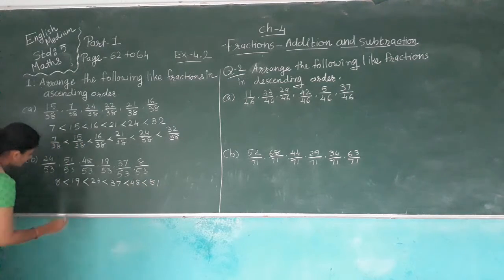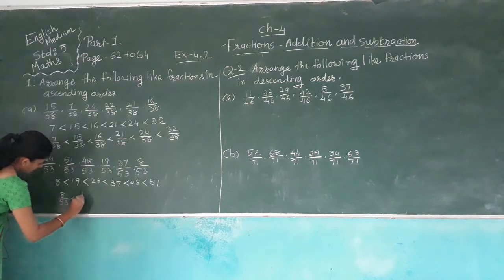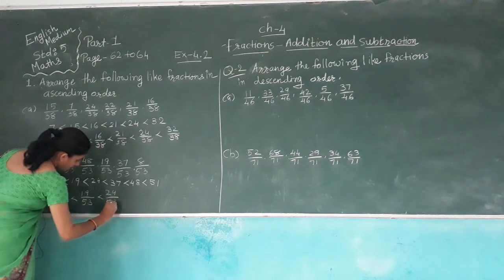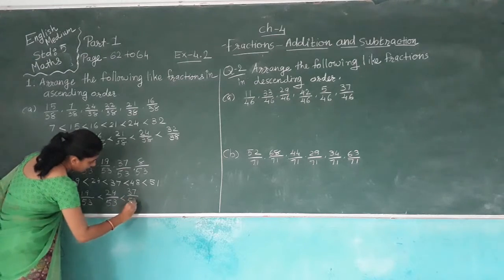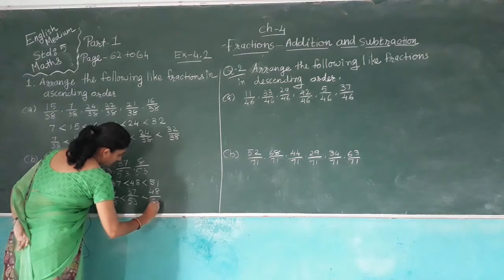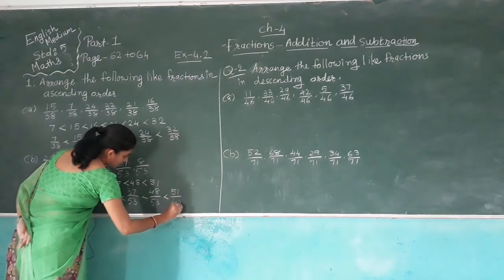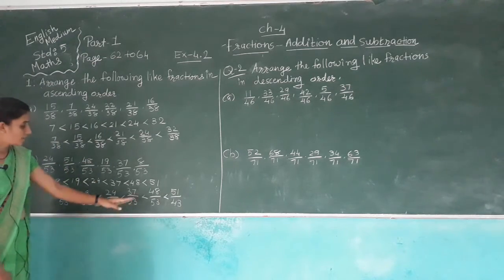Now write with the denominator. 8 out of 53 less than 19 out of 53 less than 24 out of 53 less than 37 out of 53 less than 48 out of 53 less than 51 out of 53. We arrange both from smaller to bigger.